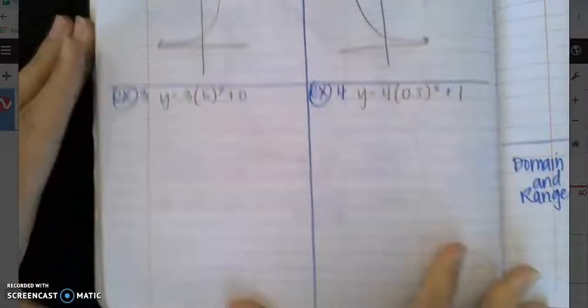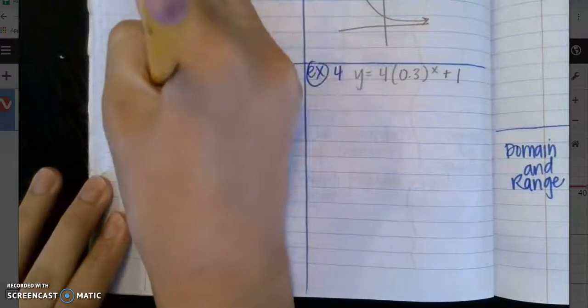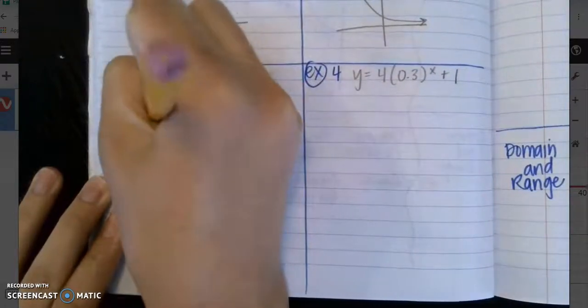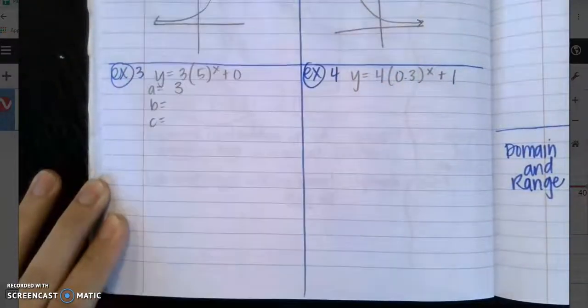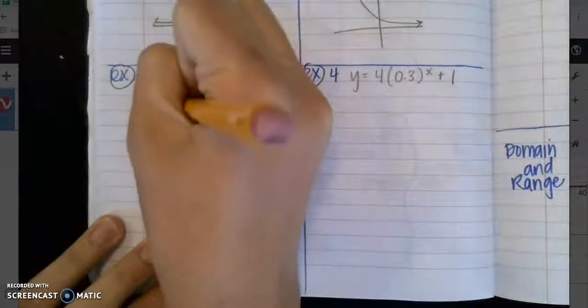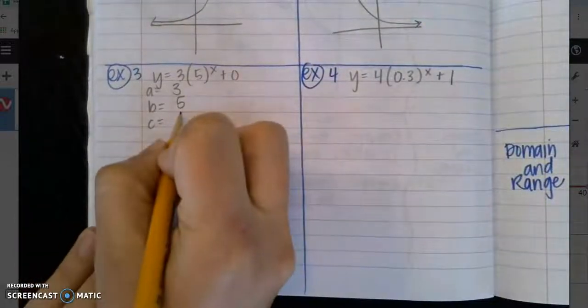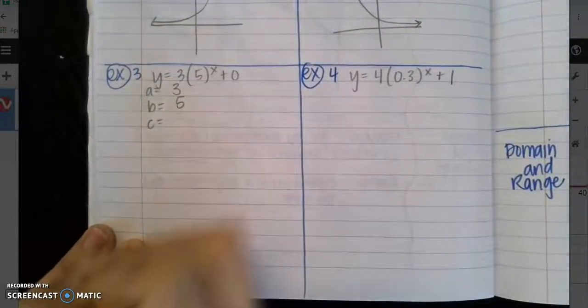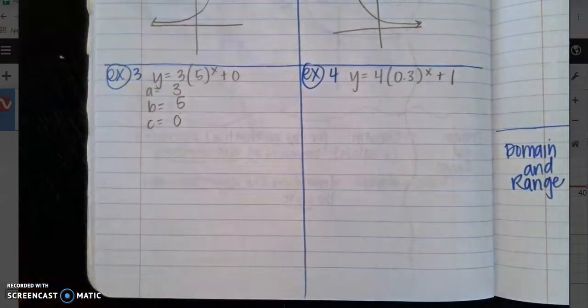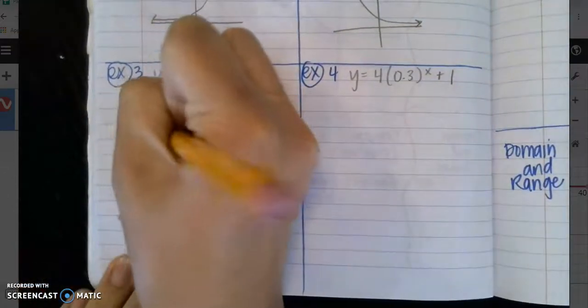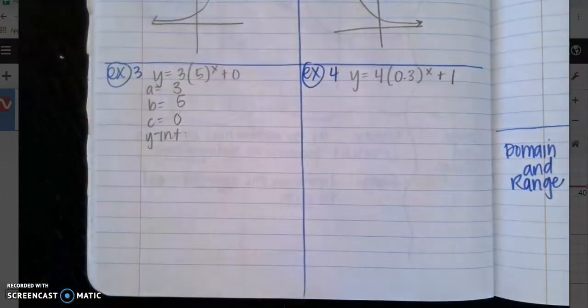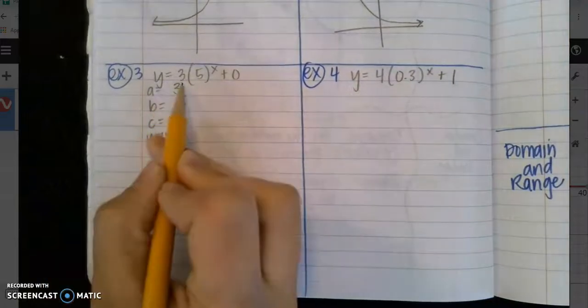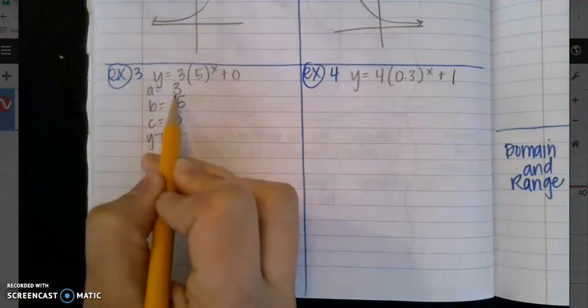Two more here. Example number 3 is a medium problem. A equals, in this case, 3. My B value is 5. This is a whole number, so that means this is going to be an example of growth. And my C value is 0. My y-intercept, I'm going to have to use by finding the graph, because I can't say my y-intercept is my A value.